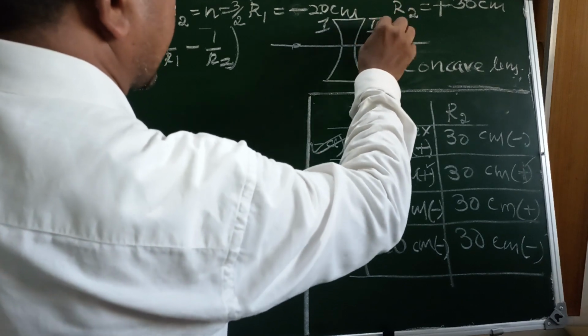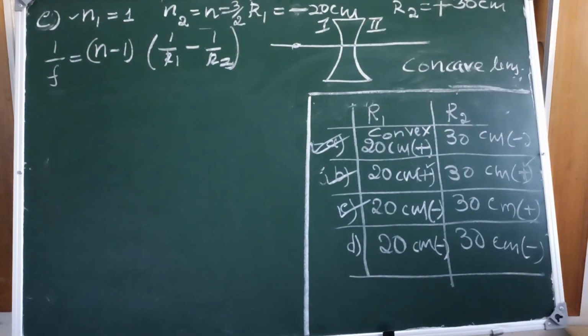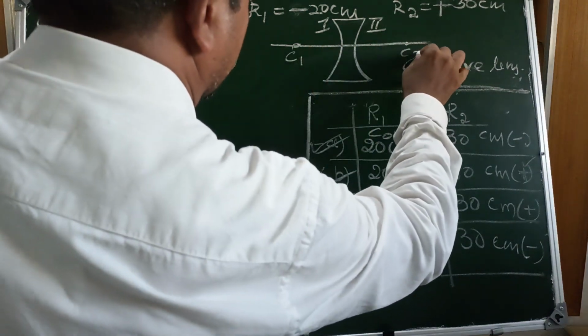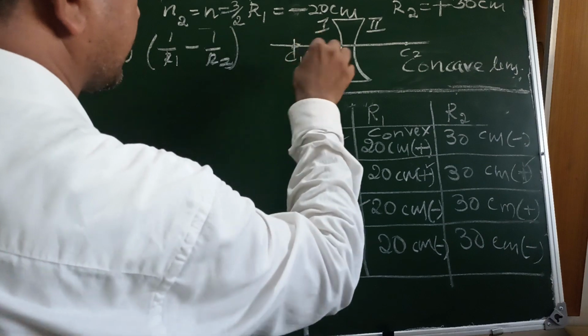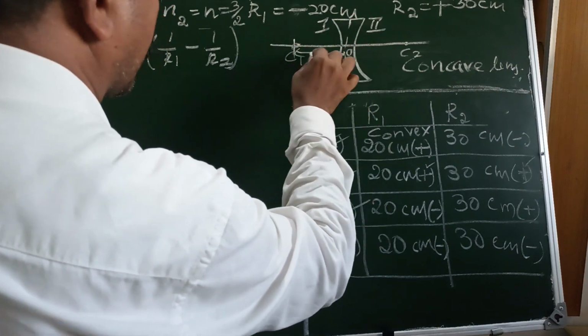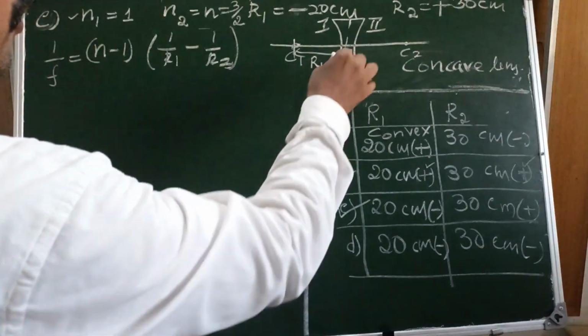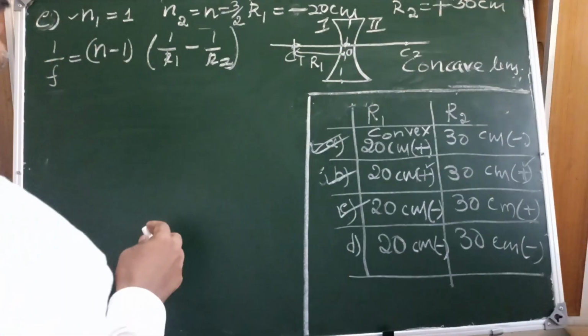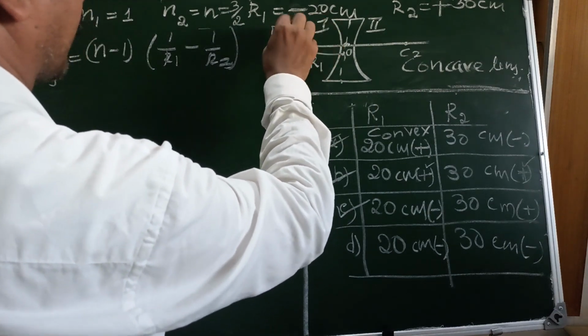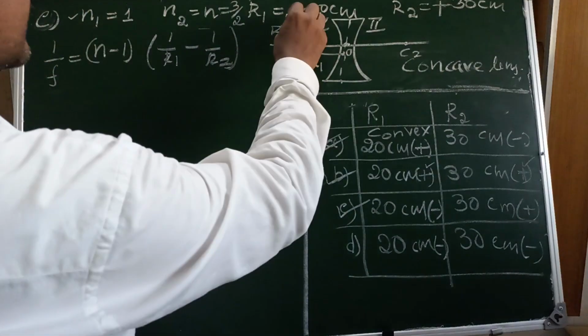The right side is the second refracting surface. Here it is C1, and this is C2. From C1 to the optic center, this is what you are getting as R1. All the distances are measured from the optical center. Normally we take the light direction from left to right.